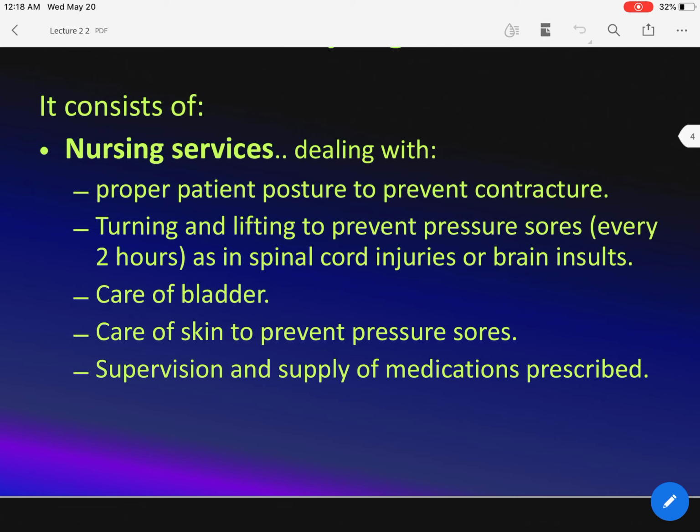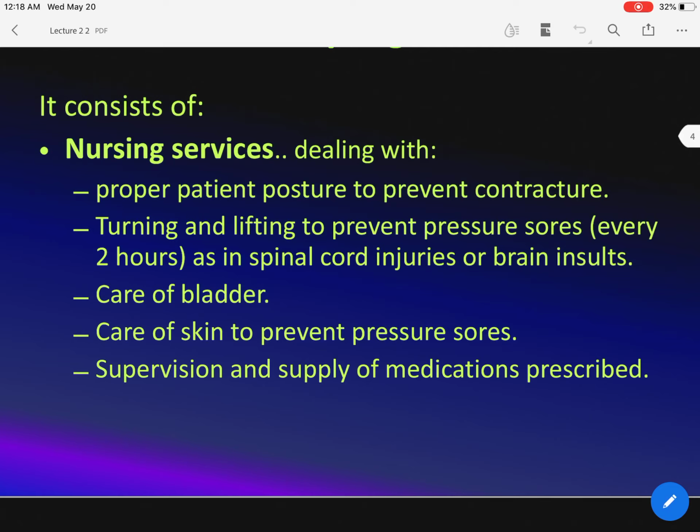Turning and lifting to prevent pressure sores every 2 hours, as in spinal cord injuries or brain insults. 3. Care of bladder. Care of skin to prevent pressure sores.